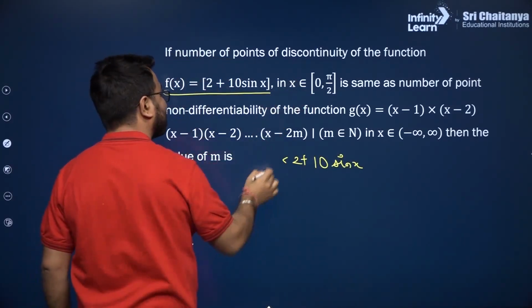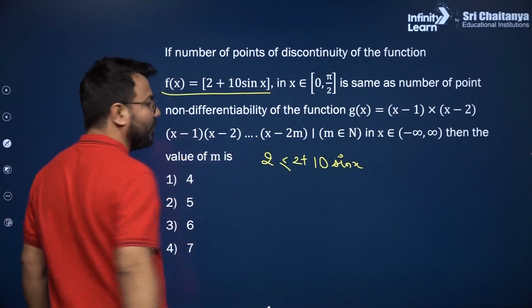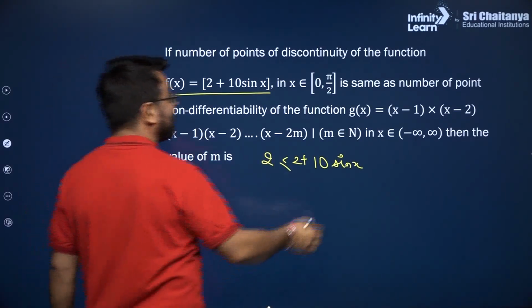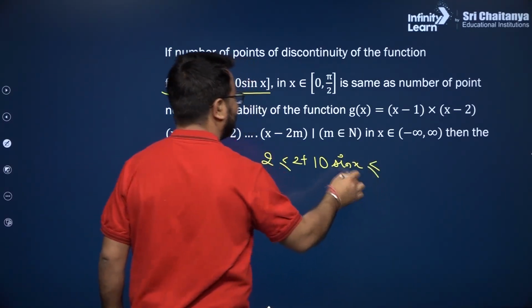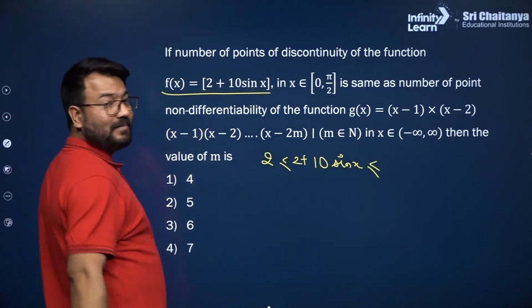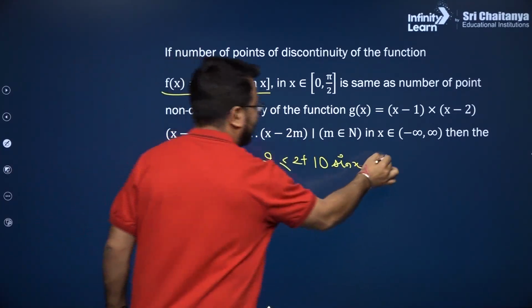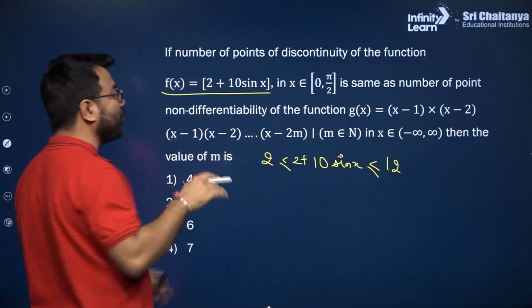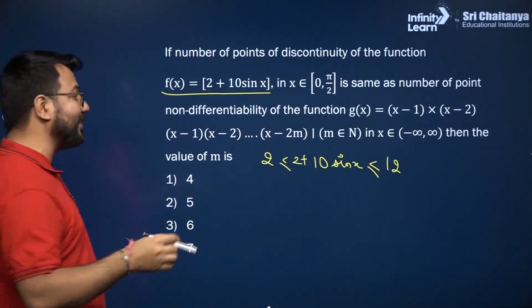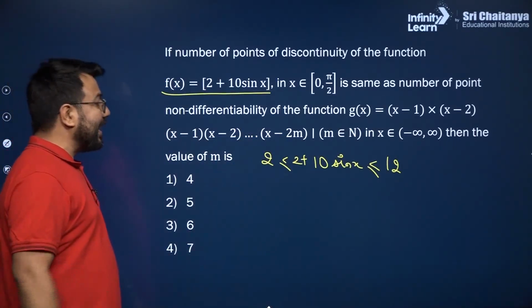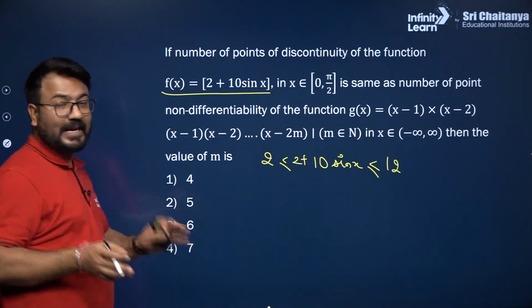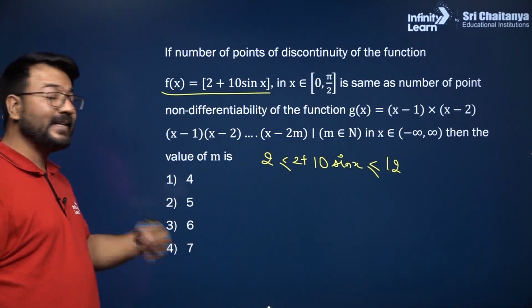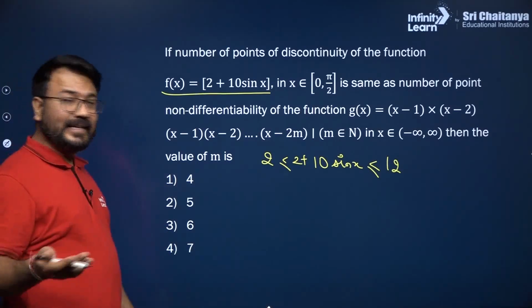At x equals 0, the minimum value I will be obtaining is 2, and at x equals pi by 2, the maximum value that we are obtaining here is 12. So this 2 plus 10 sin x will lie in the interval 2 to 12. And the points of discontinuity are those points where it is actually creating an integer value.